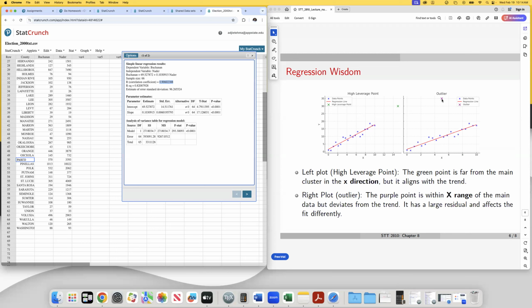But this can change the slope significantly. So this is an influential point. So it's something you should be able to see, and whenever you encounter questions on them, you should be able to answer.